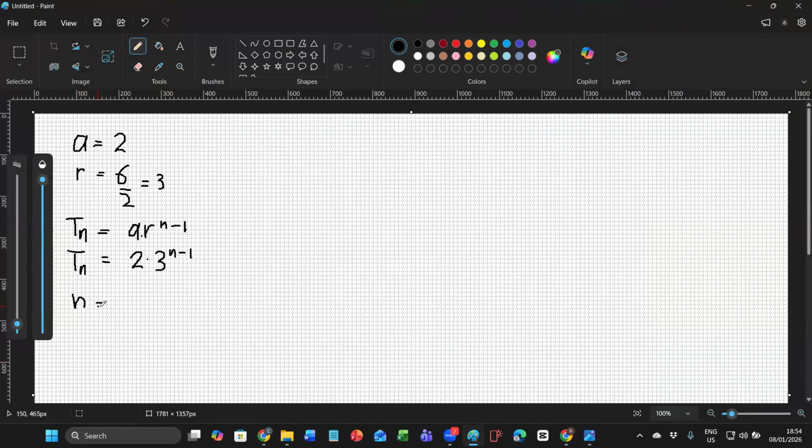So let's see how that was obtained. T10 would be equal to 2 times 3 raised to the power of 10 minus 1.